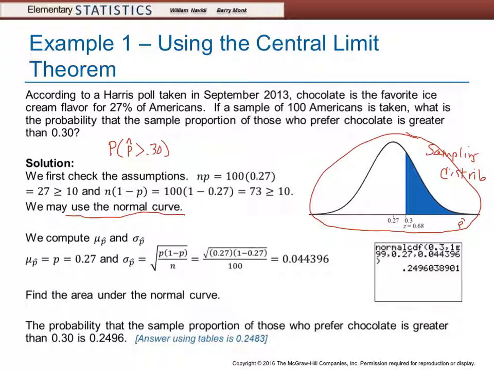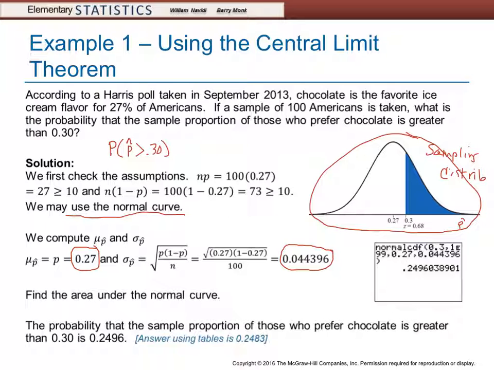So now we know what the mean value is. In this case, mu p hat is 0.27, and the standard error is 0.044396. We can use the normal CDF function here, where the lower bound is 0.3, the upper bound is 1e99, mu is 0.27, and the standard error is 0.044396.